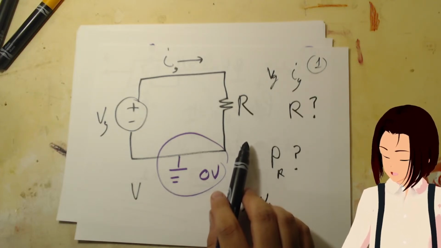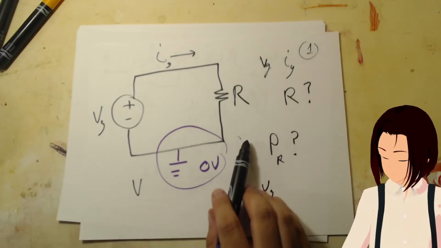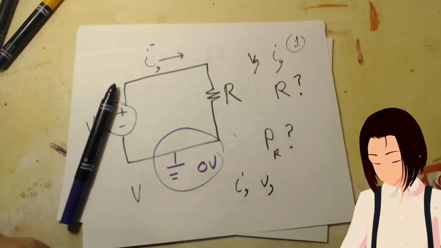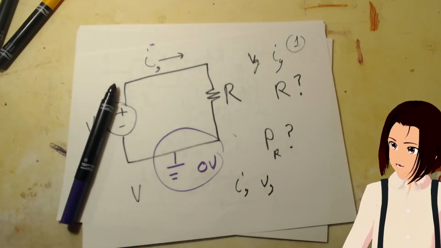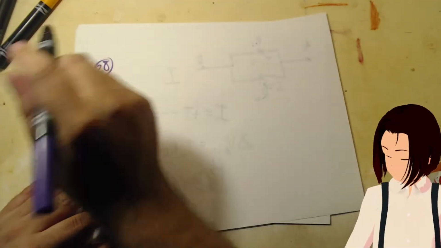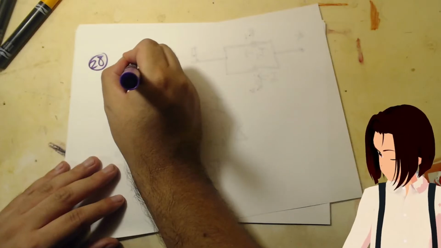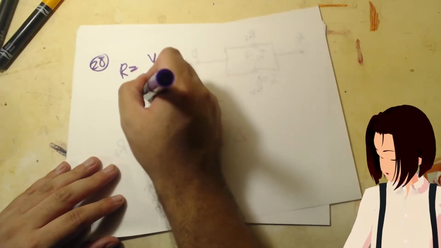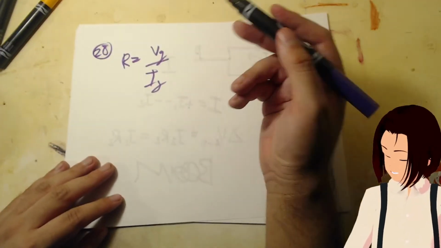Well, V equals IR, so R equals V divided by I. So for that problem, R equals VG divided by IG, and that's some number I don't know.